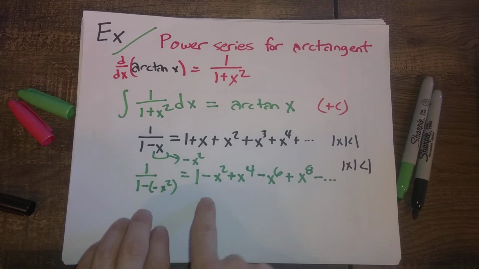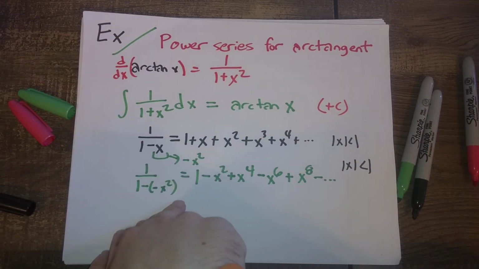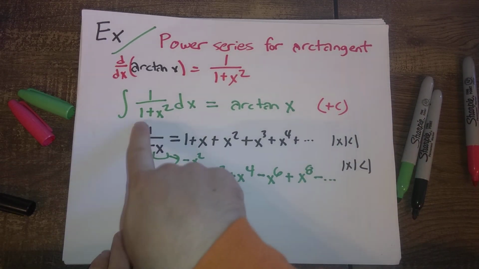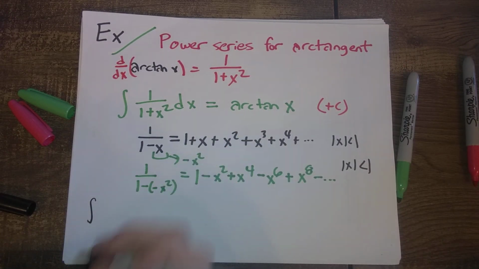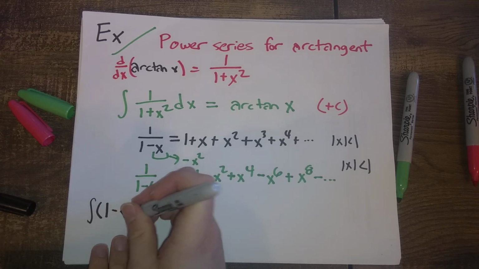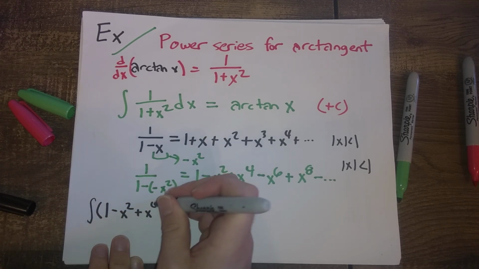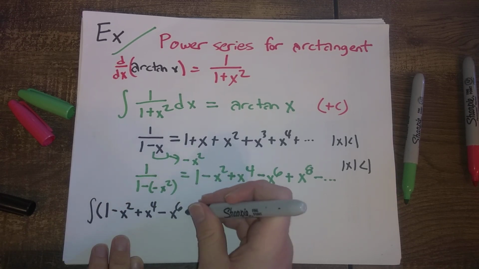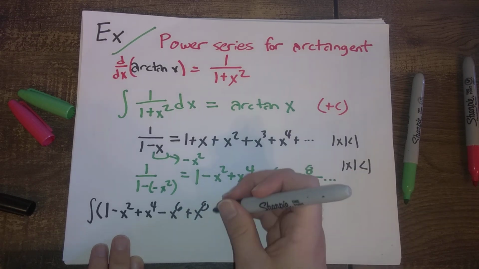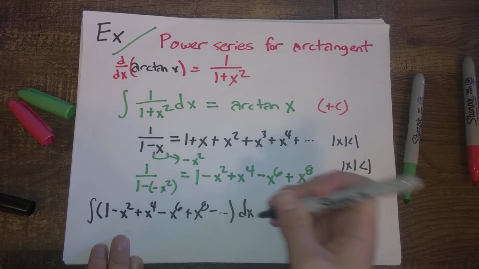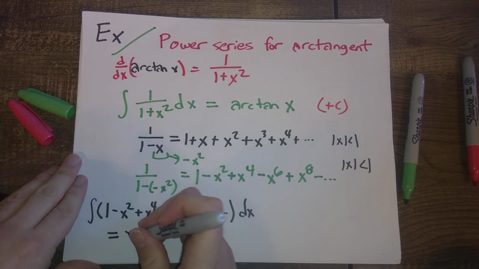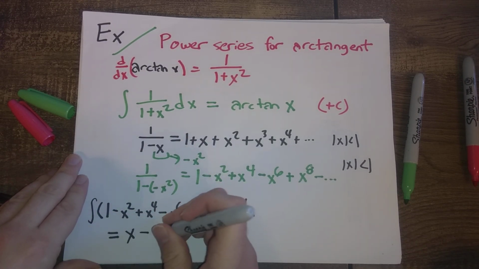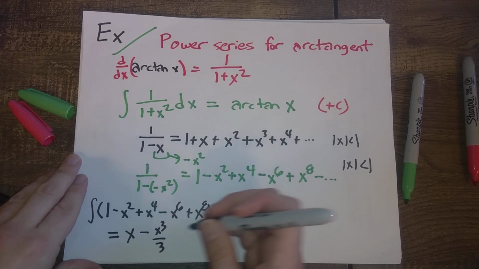Okay, and so what we're going to do now is integrate this to get arctangent x. So the integral of 1 minus x squared plus x to the 4th minus x to the 6th plus x to the 8th. When we integrate this, what do we get? 1 integrates to x, minus x squared integrates to minus x cubed divided by 3.